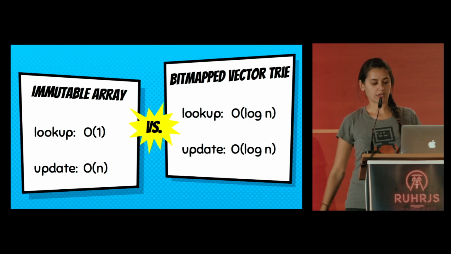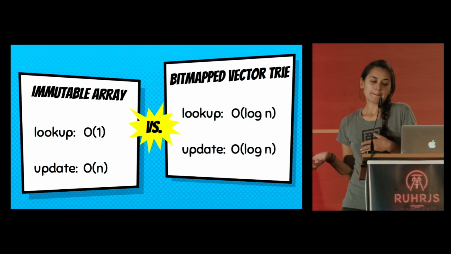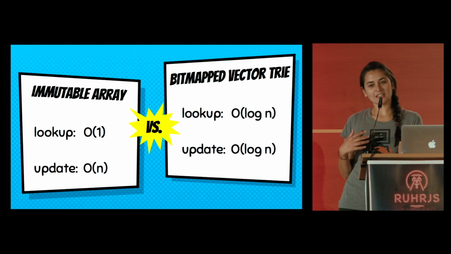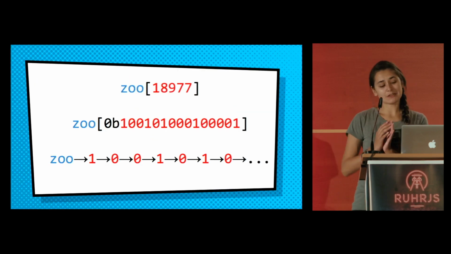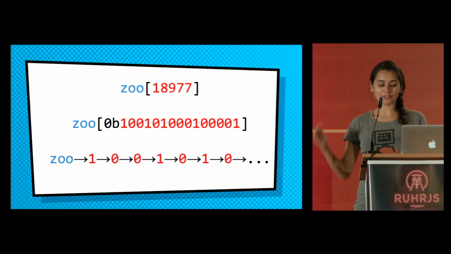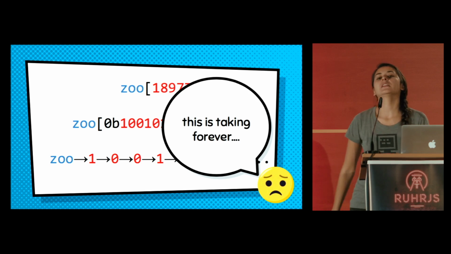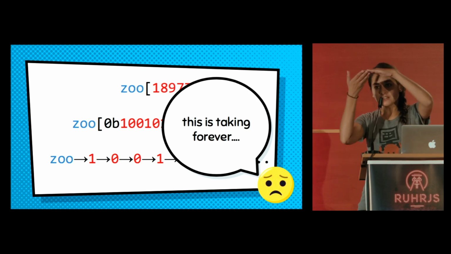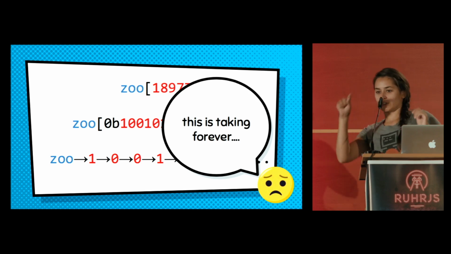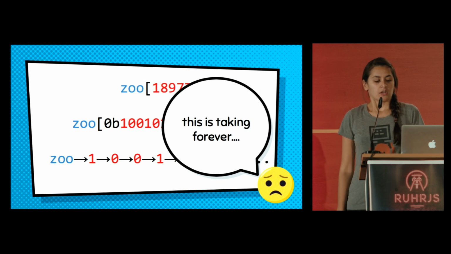This is cool because we have faster updates, but this logarithmic lookup is not so amazing, especially if you had really big indices, which would be really big binary strings. You'd have to go through like 15 different levels to get to the 1000th element. As your array gets bigger, the number of things you have to go through to get to the value you're interested in is still going to grow.